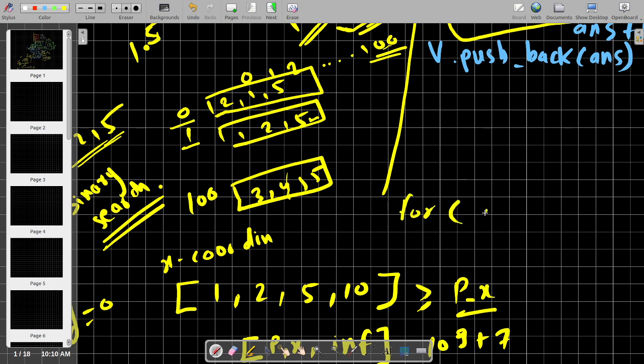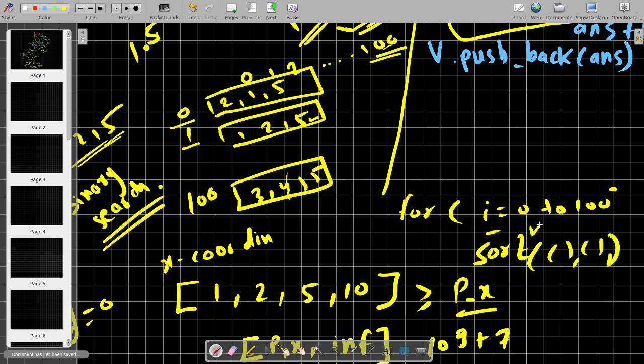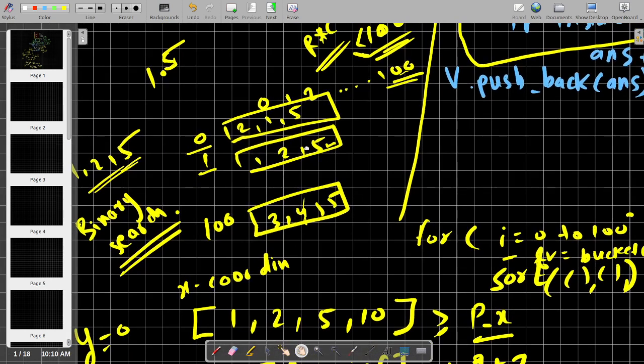Let's say for i equal to 0 to 100, sort(begin of v, end of v), where v is basically bucket of i. So we could sort it and we could find the number of elements.